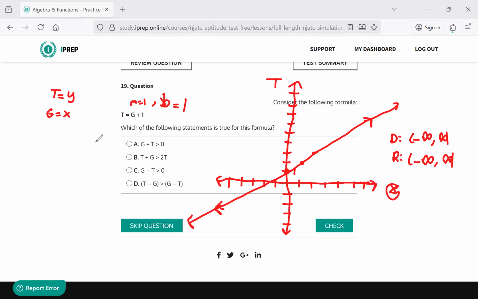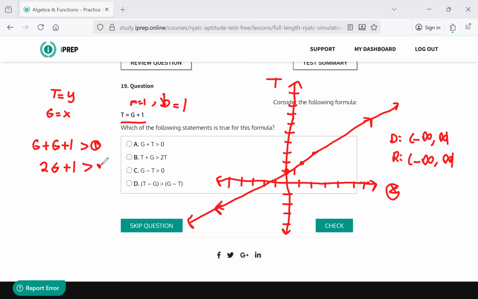So if you look at the first choice, it's g plus t. So what I'm going to do is replace my t with g plus 1, right? Because that's what they said t was. So it's going to be g plus 1 is greater than 0. So if you simplify this, what's g plus g? 2g plus 1 is greater than 0.